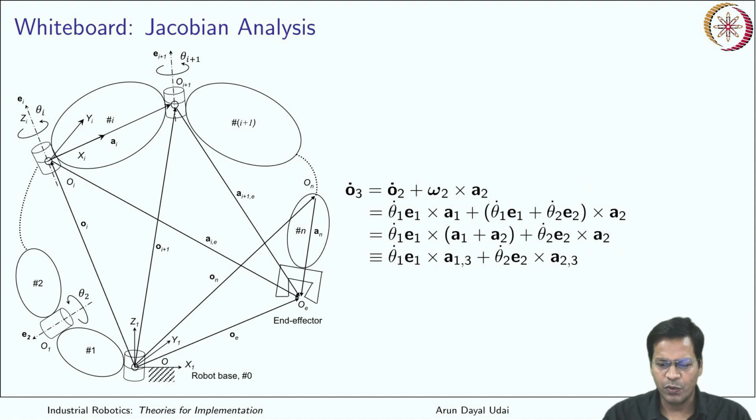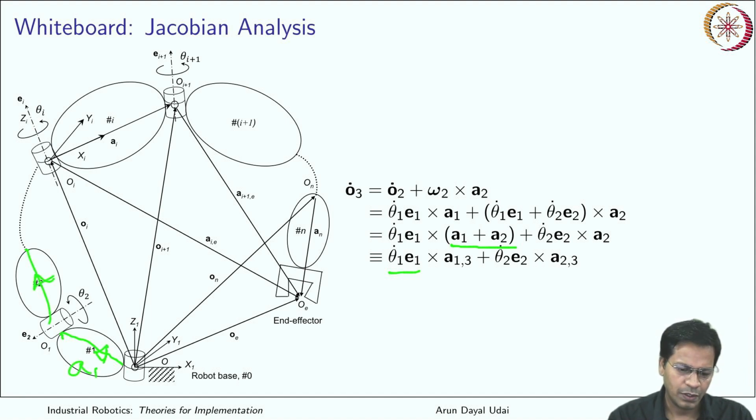So now what do you get? Theta 1 dot E1 stays as it is, cross A1 plus A2. This is your A1 vector, and this is your A2 vector. The sum of these two came here, so it is A1 to 3. From here, this is 2, this is 3.